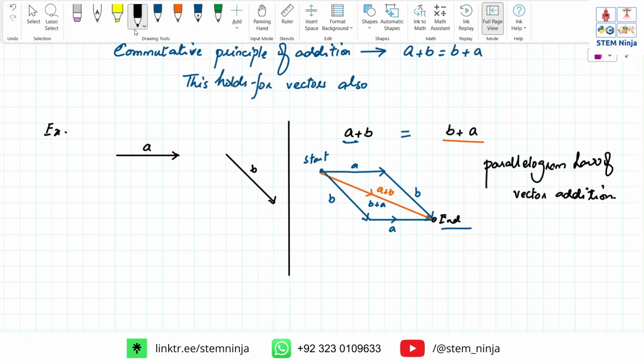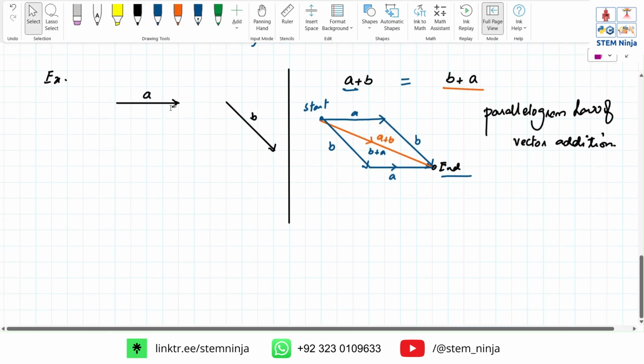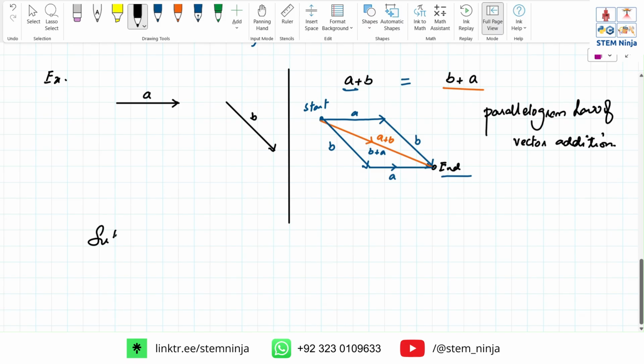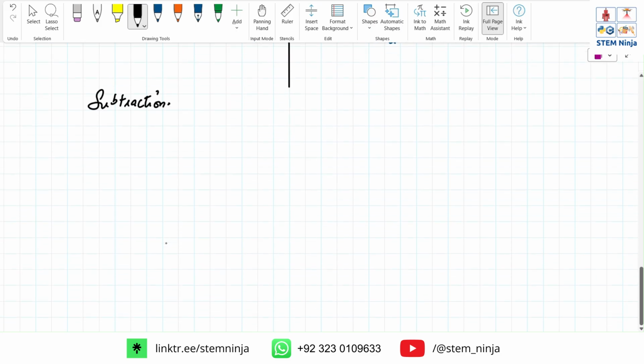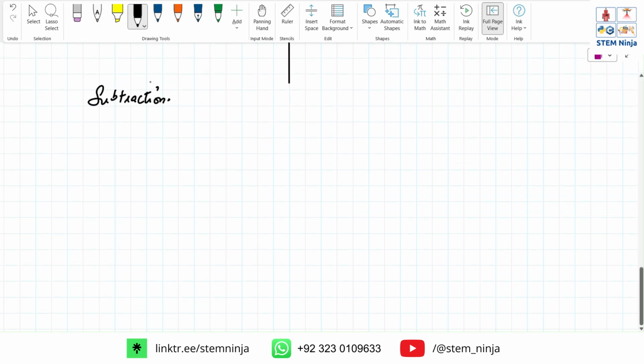Now, what about subtraction? To get this, we recall what a negative of a vector means. So negative of a vector is an identical vector but in the opposite direction.